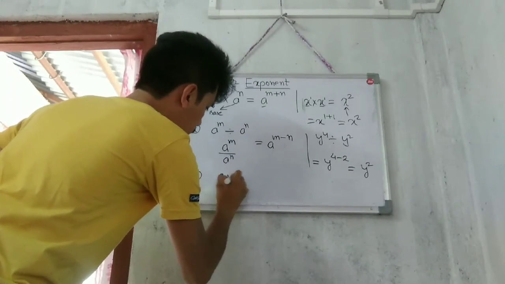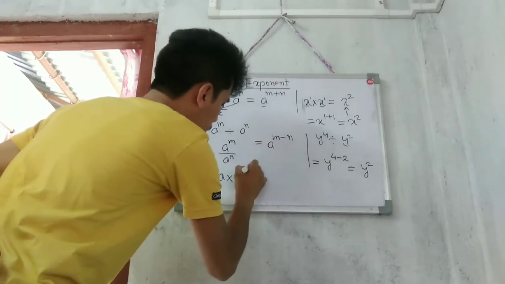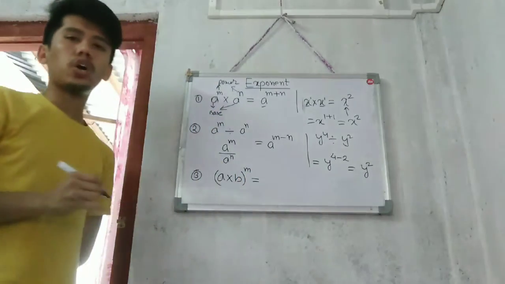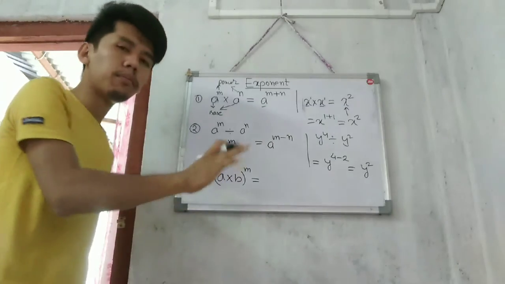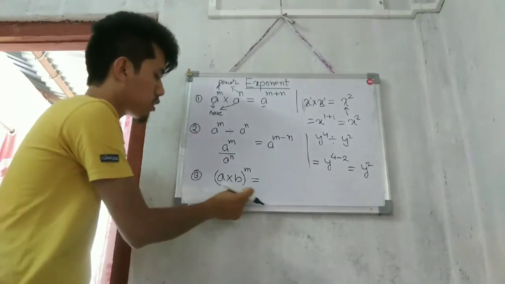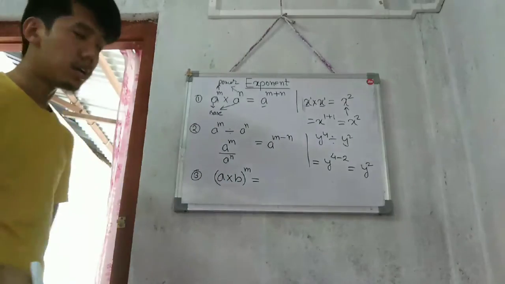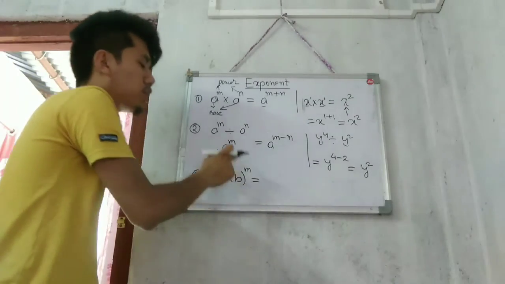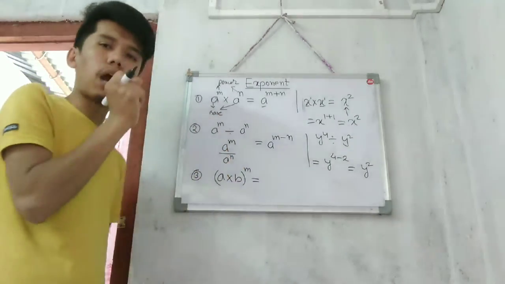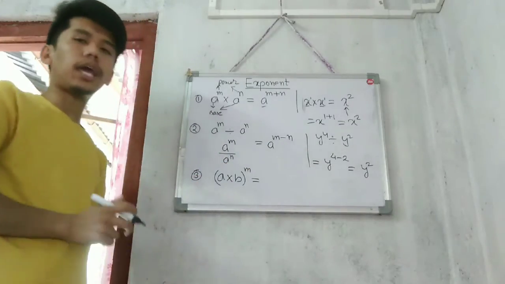(a into b) whole to the power m. Now we do not have the same bases, we have different bases. We have a into b. But what do we have in common? The common thing is that they correspond to the same power. That means the power is m.